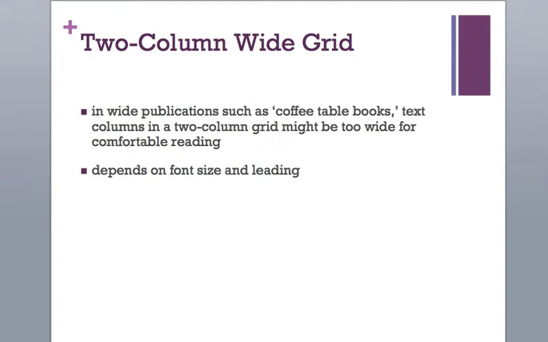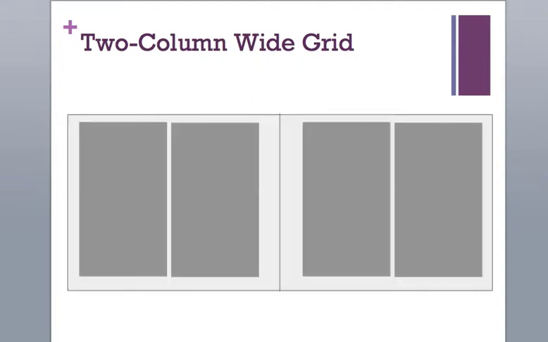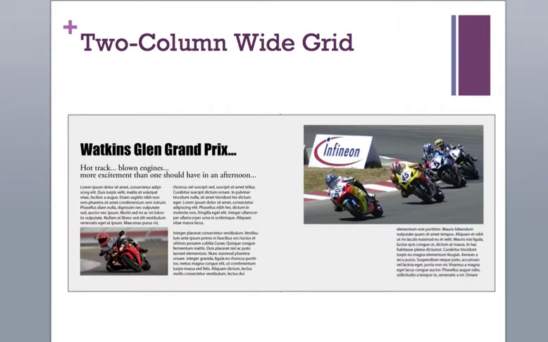A lot of what you might do for this might be using a slightly larger font size, so that the line lengths aren't too long. This depends a lot upon your font size and your lettering. And this is what that two-column wide grid might look like. And this is how it might look when you actually laid something out on it. So again, it probably works best when you have a couple of really large images and a limited amount of text.